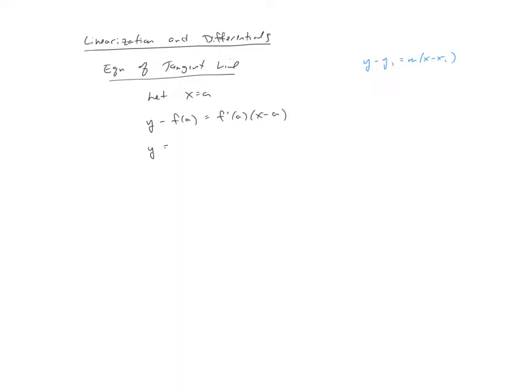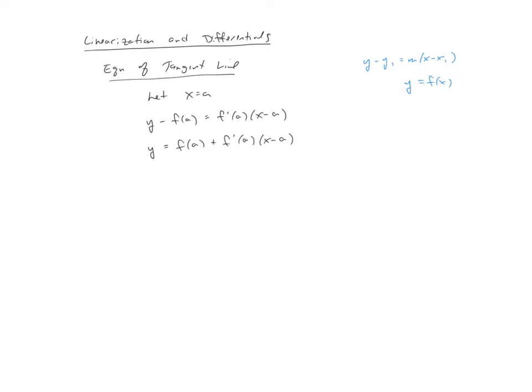And if I simply add f of a to both sides, then I get y equals. Well, remember, if our function that we're talking about is y equals f of x, then my y is close to what my f of x is, right? This is going to be my line right here.